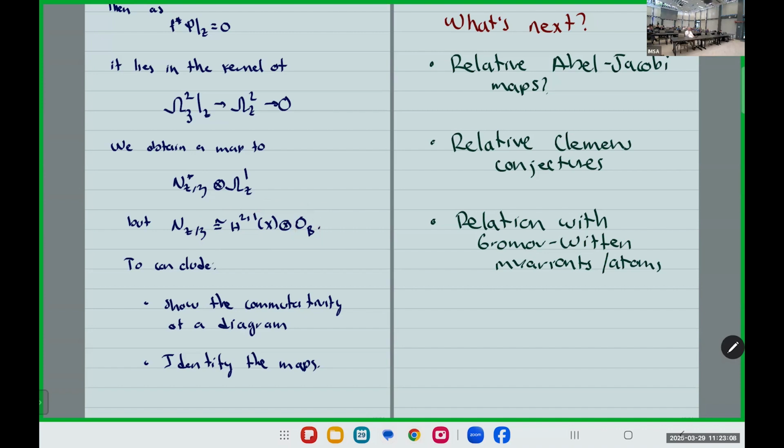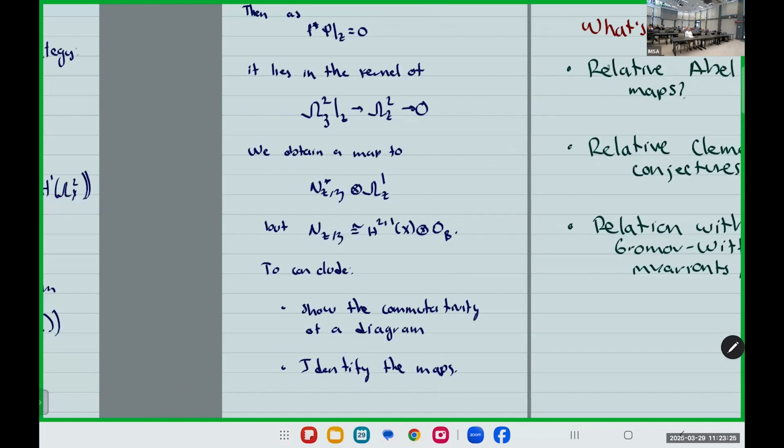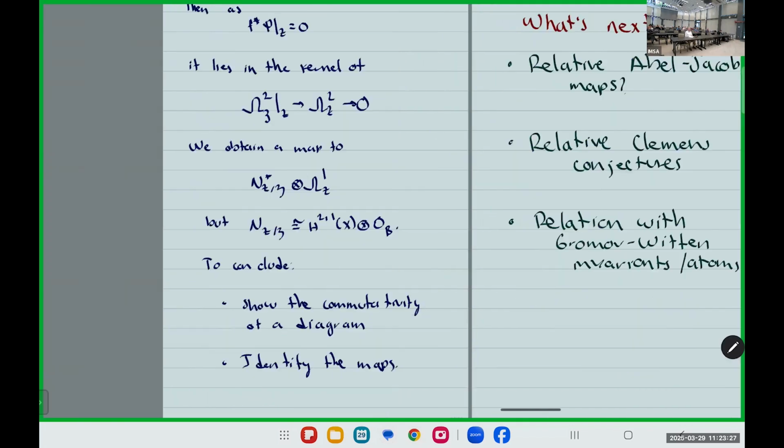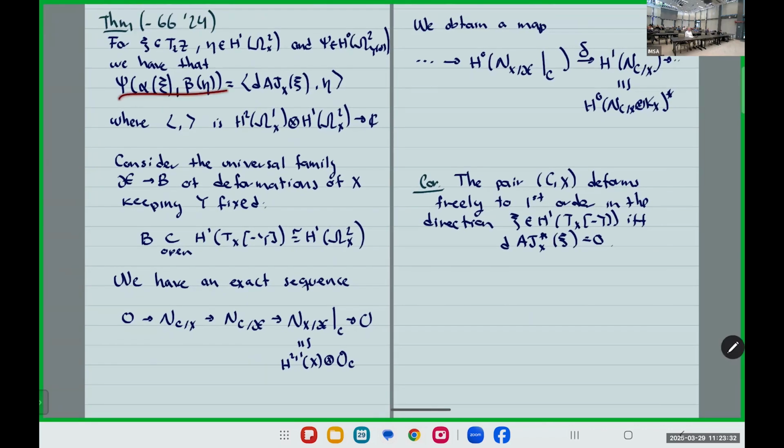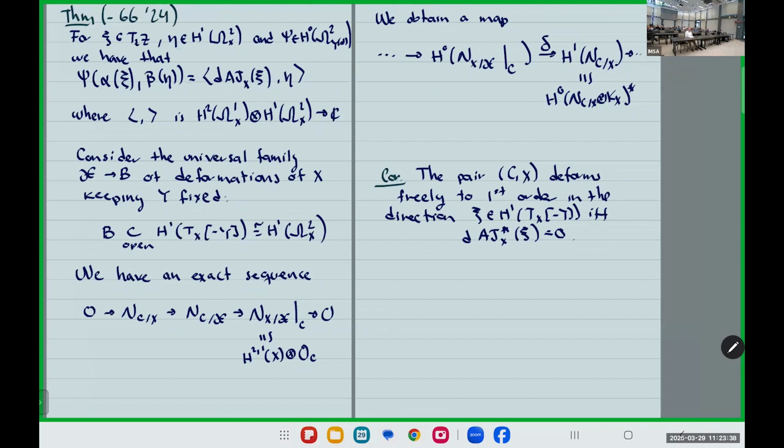So now we need to do the same. We need to restrict first in one direction, and then we will have a commutative diagram, and then we will have also the restriction in the other direction, and we will have to identify the maps. Then we will see that we are obtaining in one way the two form, and in the other way the differential of the Abel-Jacobi.